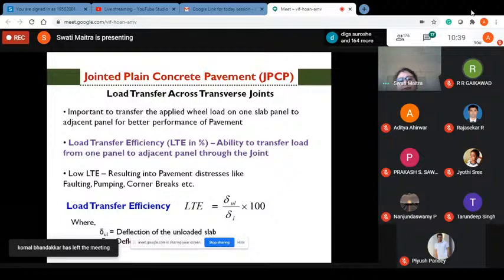Suppose it is daytime, there is a positive temperature differential across the depth. So it should curl downward, but because it is being cast at that moment and of its plastic nature, the top surface remains flat.